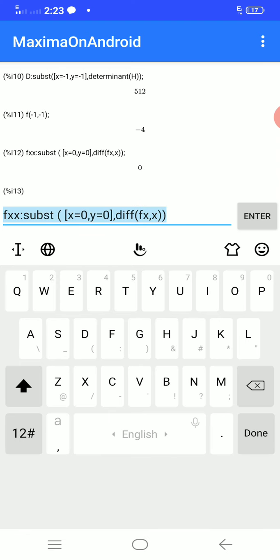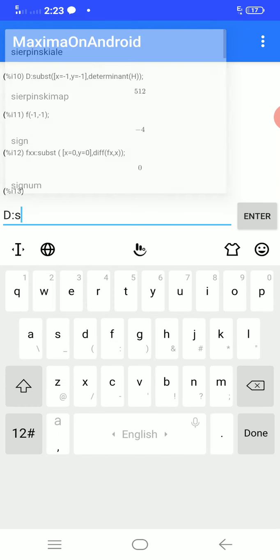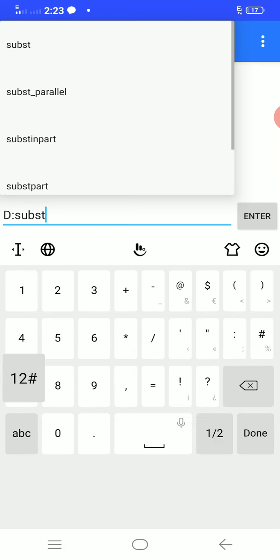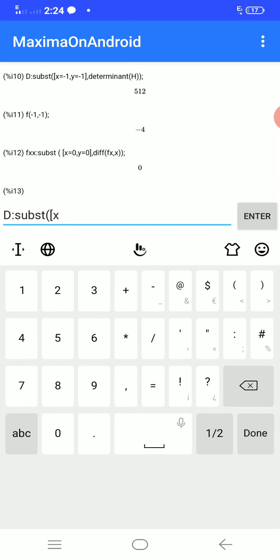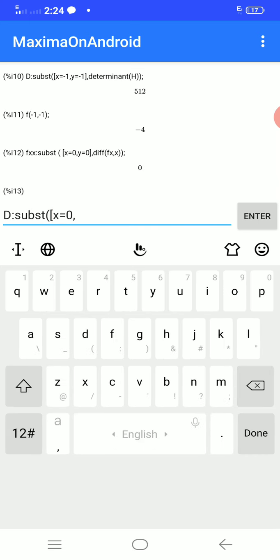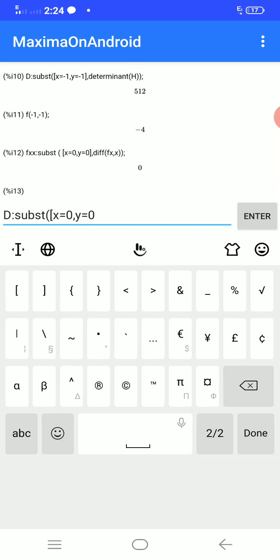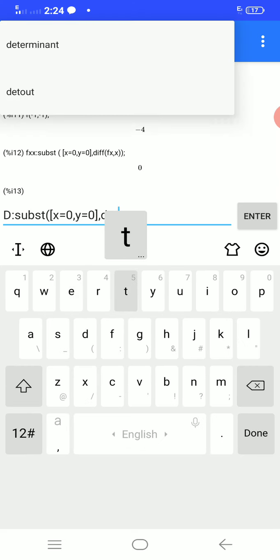Next we have to find the value of D using colon, using the syntax subst, open bracket in close bracket for x is equal to 0, y is equal to 0 bracket complete, then comma, we have to find the determinant.